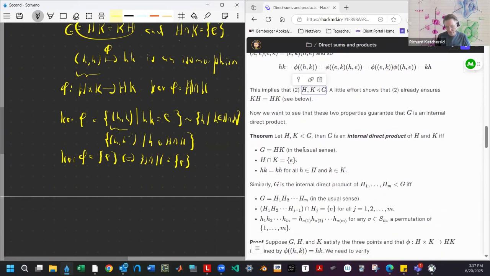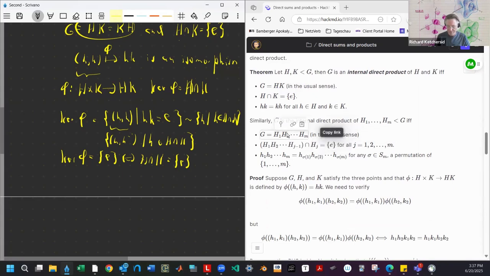Good. So that's how you check that something is an internal direct product. You have to check that there is actually an isomorphism. Instead of checking that there's an isomorphism, you can just check that G is equal to HK, H intersect K is equal to E, and HK equals KH for all H in there. Same kind of thing for multiple copies.